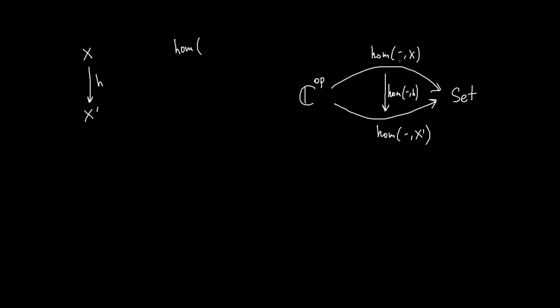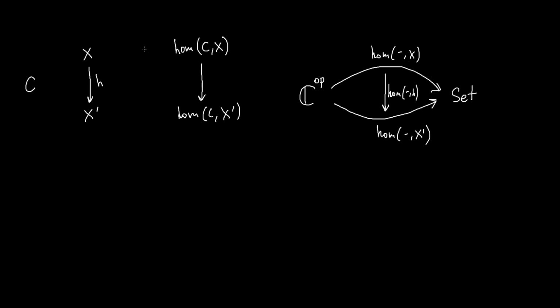As a functor, Hom(-, X) evaluates at objects of C op, right? In other words, objects of C. So one such value is Hom(C, X). And I need a way to link this up with the value of the other functor at the same object C. So let's draw this on the diagram.